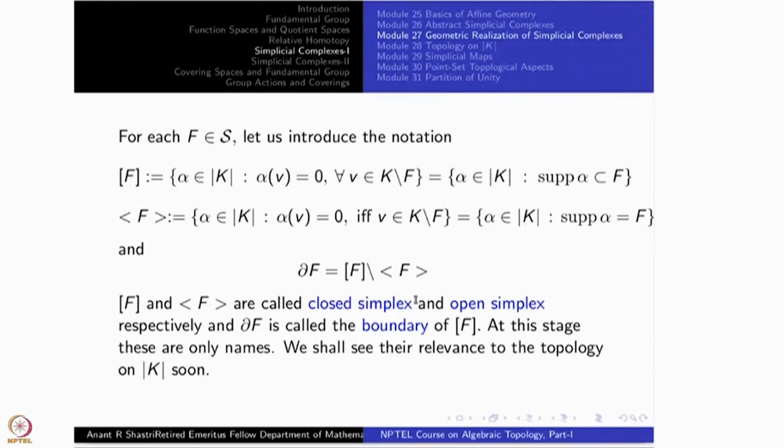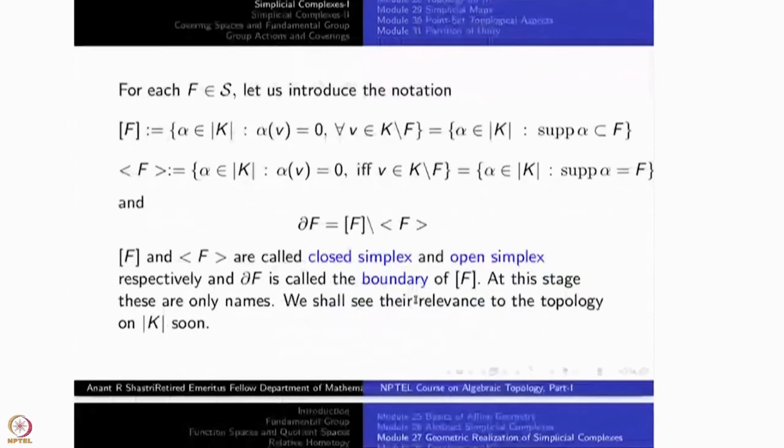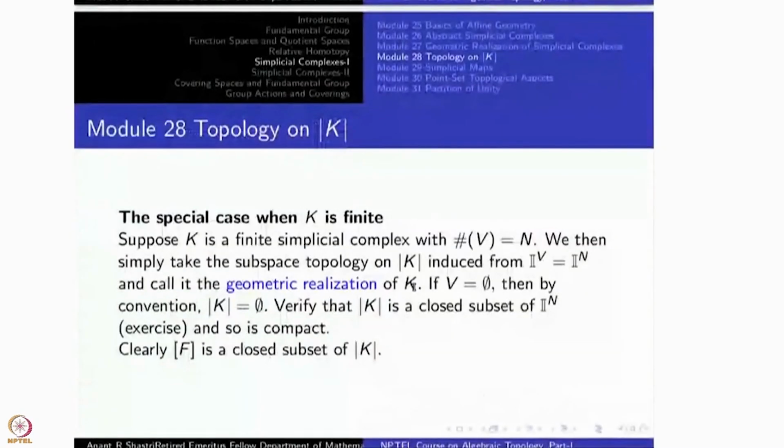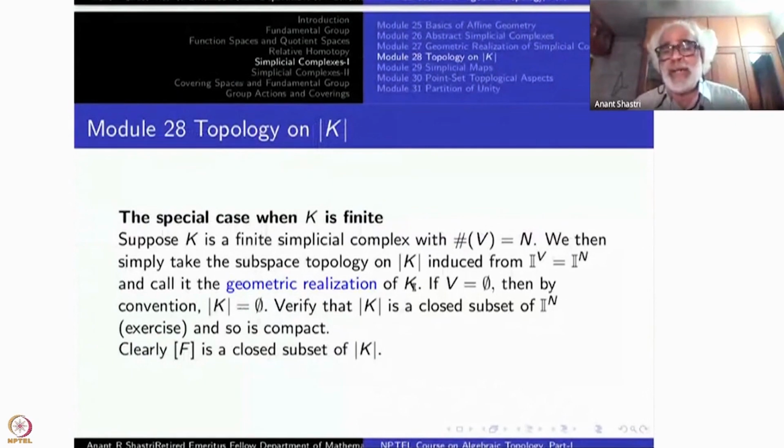Okay, so let us come to the topology now. I will first treat the finite case because it is simple, and it gives you motivation. K is finite is the same thing as V is finite.